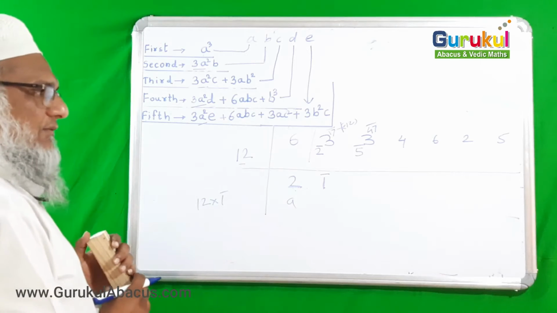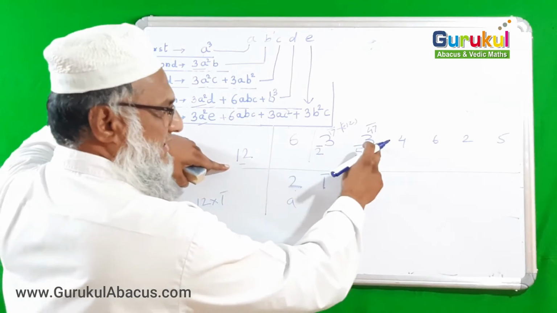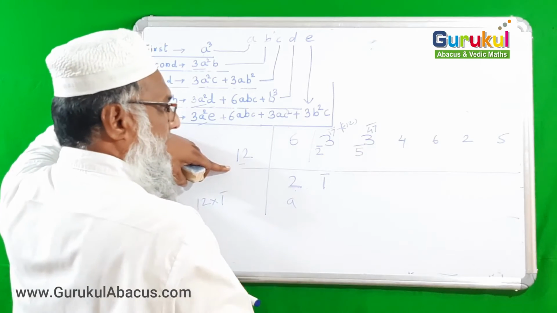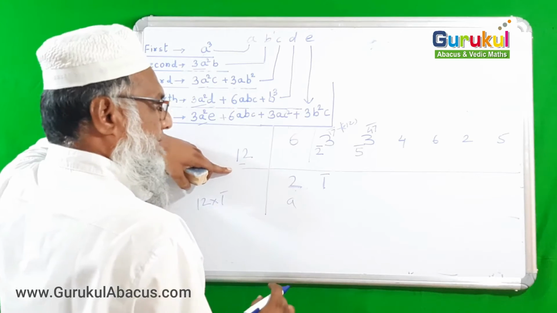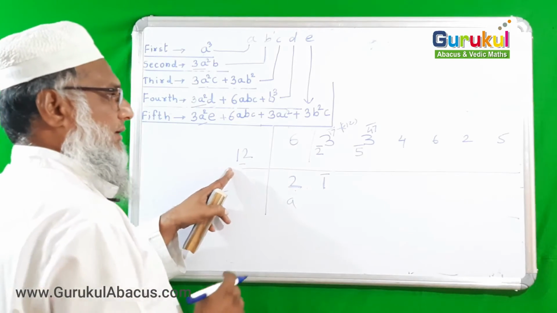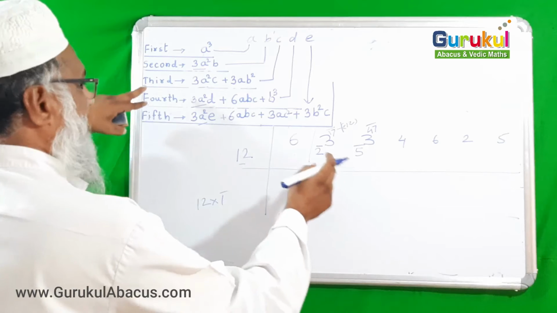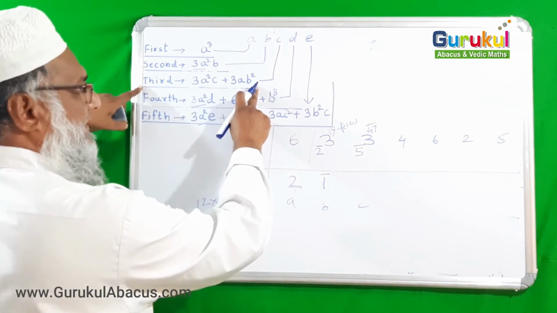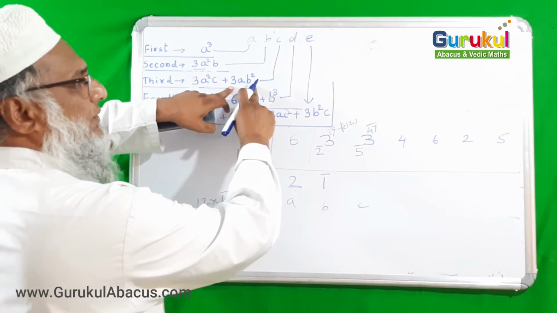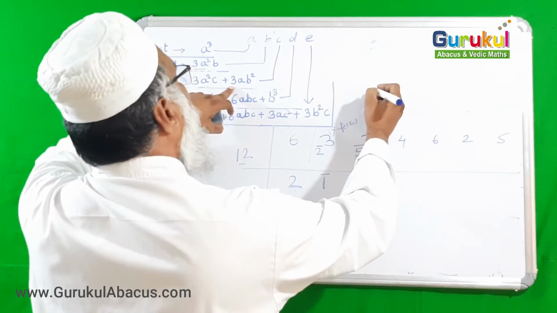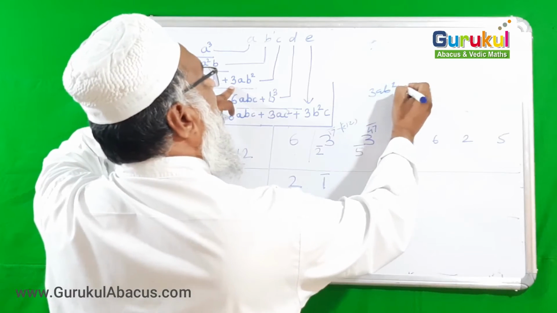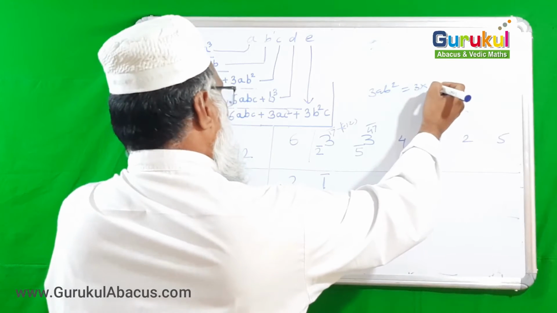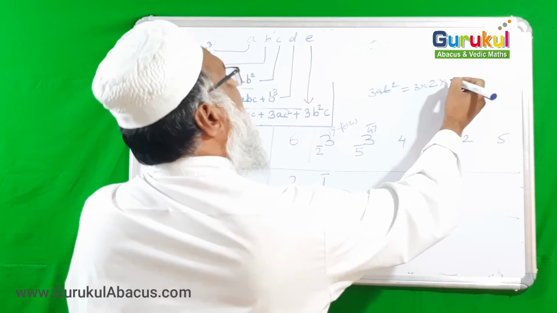So here bar 47. 12 3s I can say, but here I want to subtract something. So what to subtract? It is b and it is now c. For c, what to subtract? 3ab square. See, firstly the value of 3ab square we are going to find. 3a is 2 and b is bar 1.